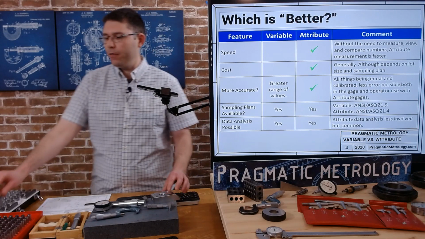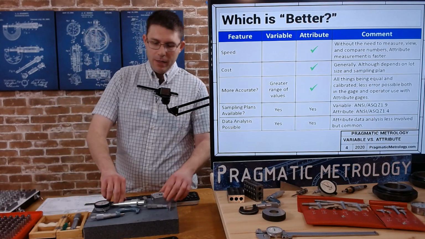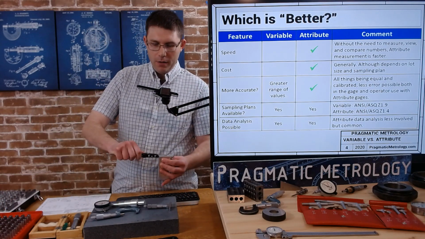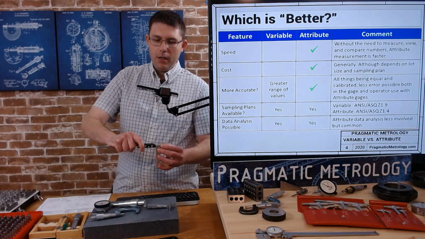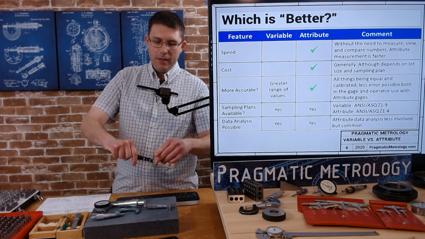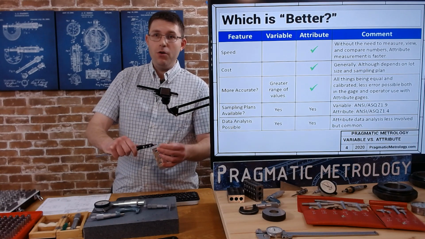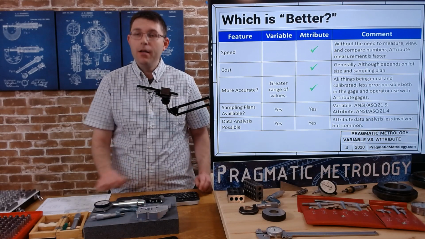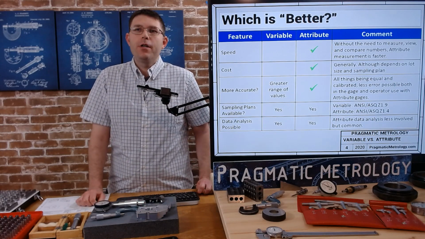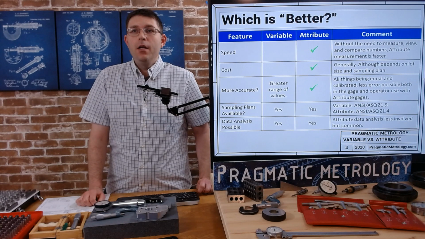So when you have a lot of parts, it can be faster, and even when you just have one part, you got to verify this is zeroed. You got to sit in there, got to rock it back and forth, and maybe you got to take a few measurements, go around it.